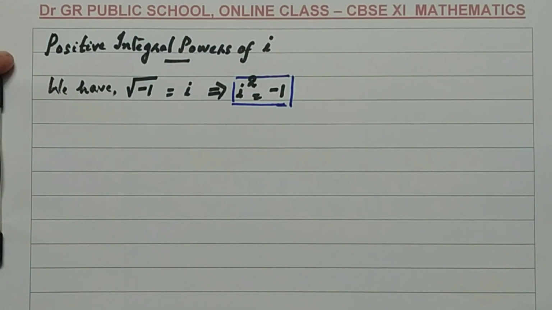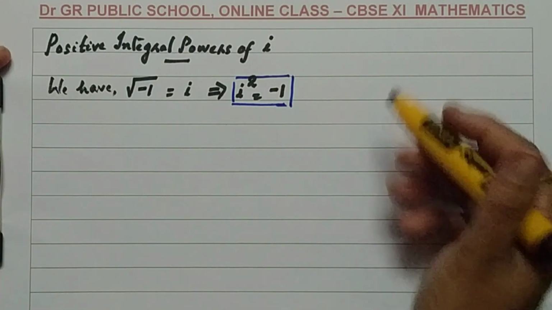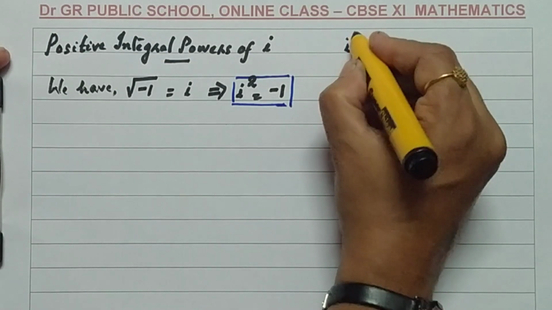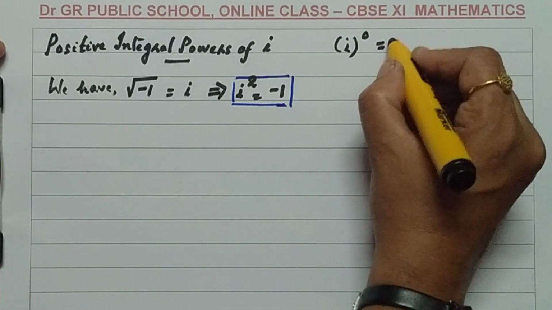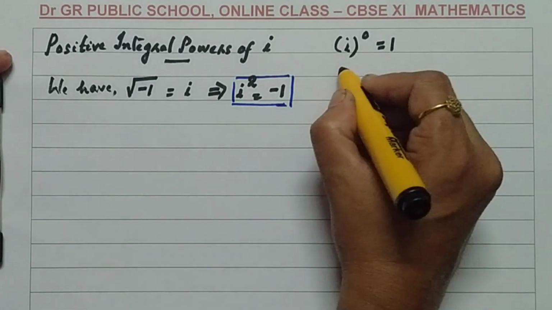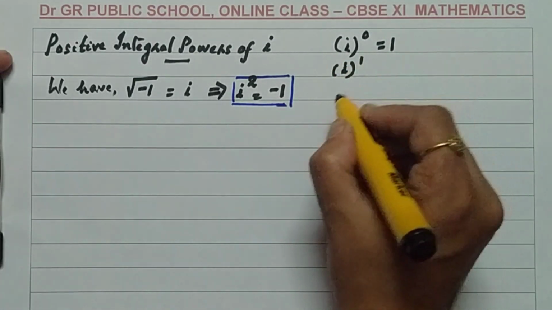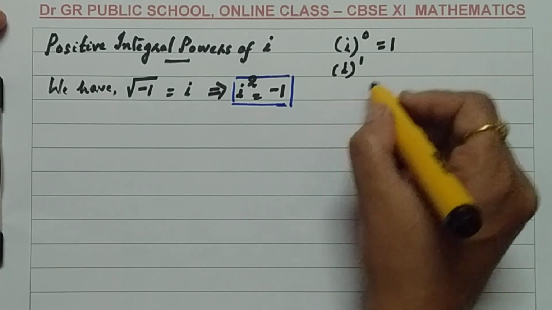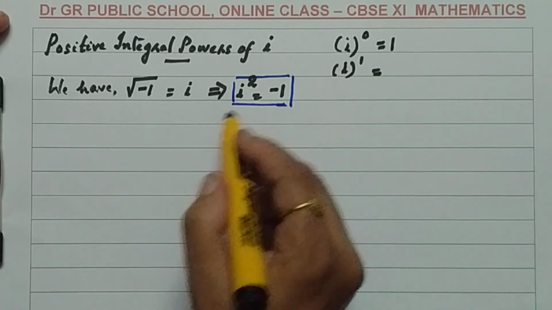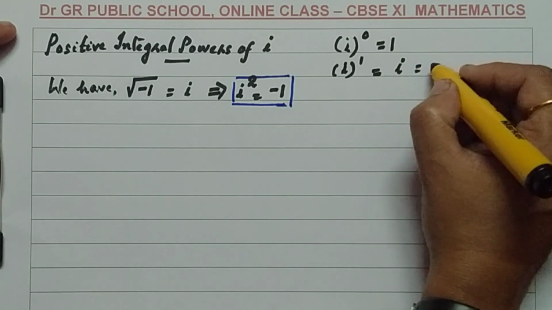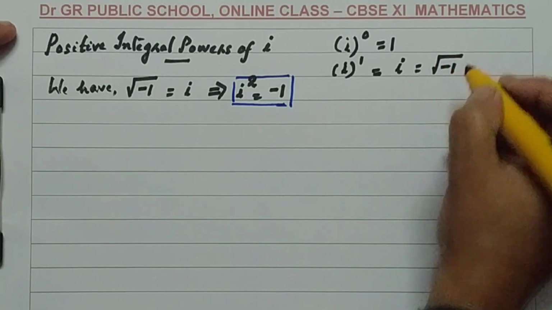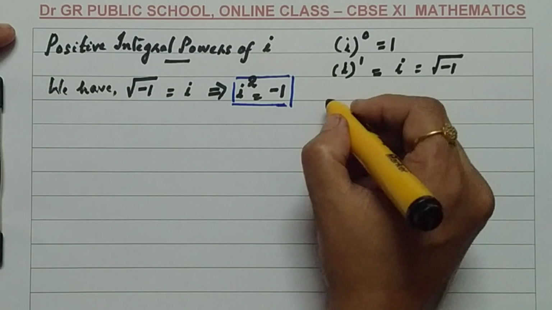Now, I am going to find the powers of i. What about i raised to 0? We know that any quantity raised to 0 is 1. What about i raised to 1? i raised to 1 means i, the value of which is root of minus 1.